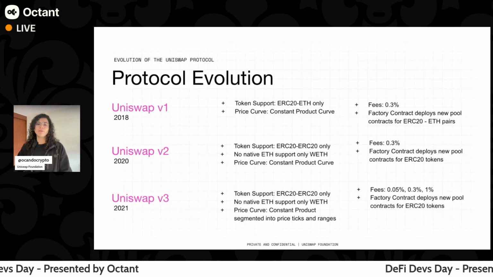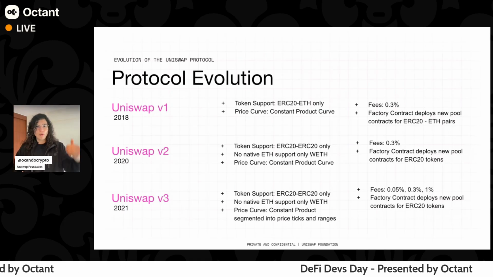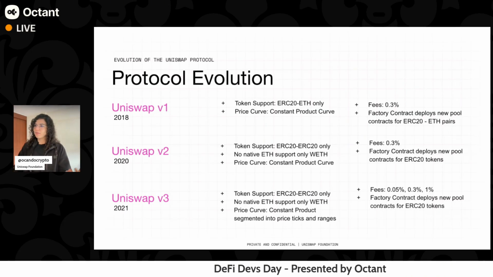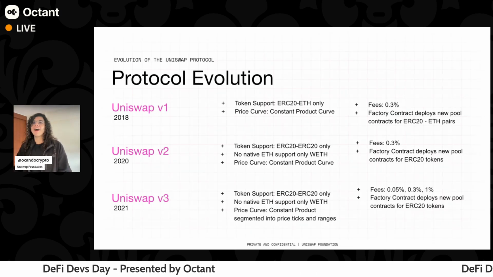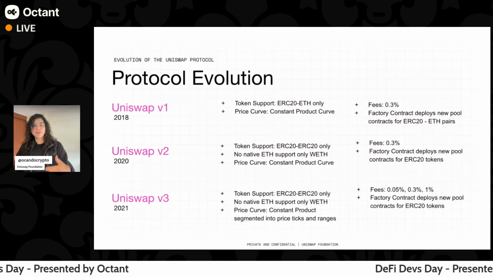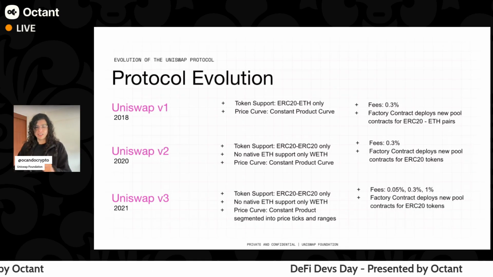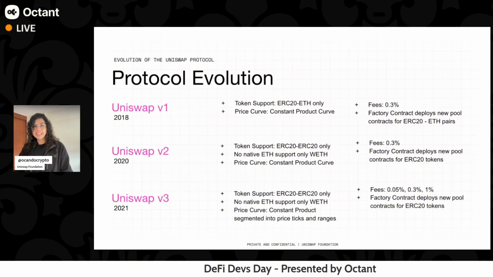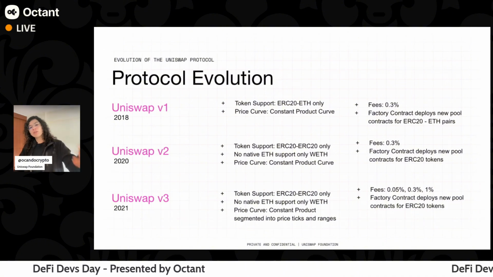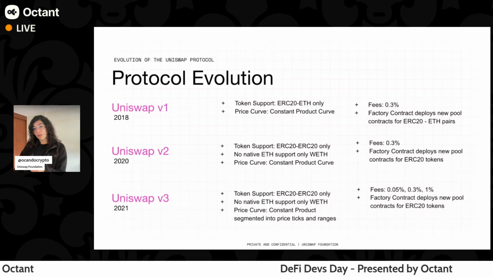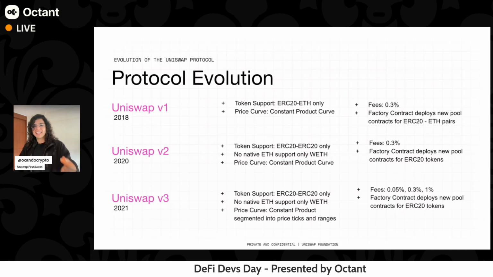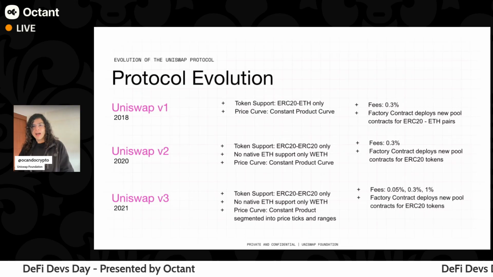We have different versions of the protocol, from v1 to v3 and now v4. v1 was the first version, back in 2018, where you only had the possibility to trade ERC20 and ETH tokens, with a fixed fee tier. Then Uniswap v2 in 2020 allowed you to trade not just ERC20 and ETH, but ERC20 to ERC20, every token out there.